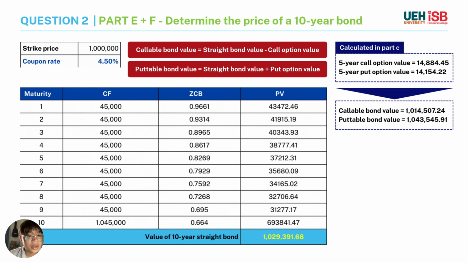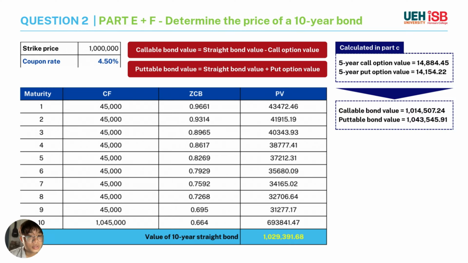After obtaining the option value, we subtract it from the straight bond price. So overall, the callable bond is lower than the straight bond. This is because the call feature benefits the issuer and creates investment risk for the investor when the interest rate falls.